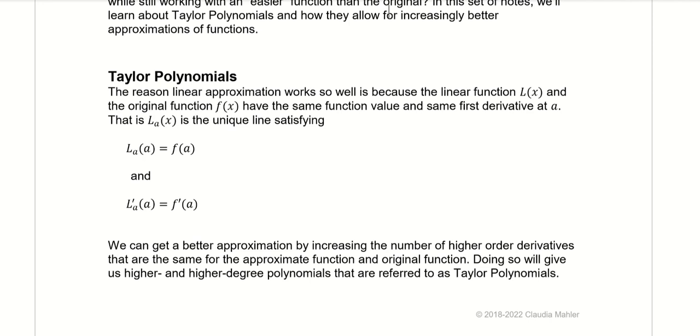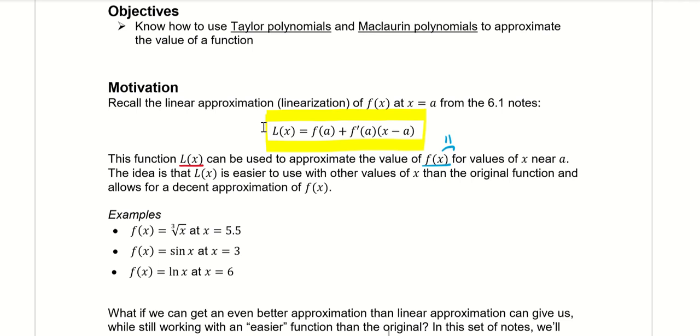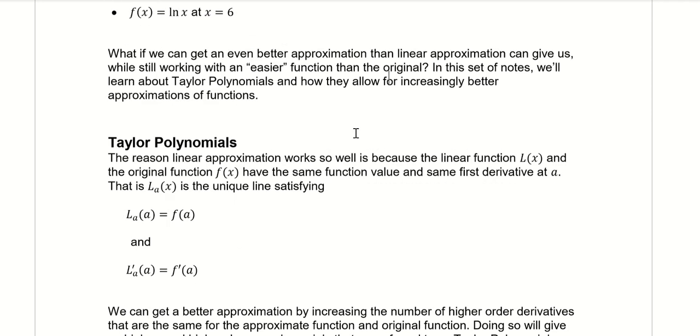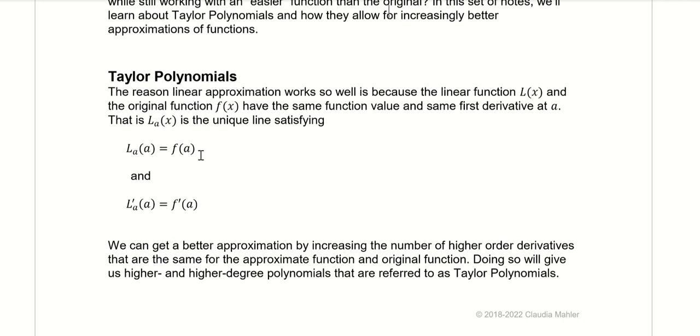Remember, this linear approximation is built on this idea of the tangent line itself, and specifically the slope of the tangent line. Remember, I keep reiterating this, the slope of the tangent line is the same as our derivative of our function at a specific point. So the slope of the tangent line at a is the same thing as the first derivative of the function at a. And that's really the key for why linear approximation works so well.